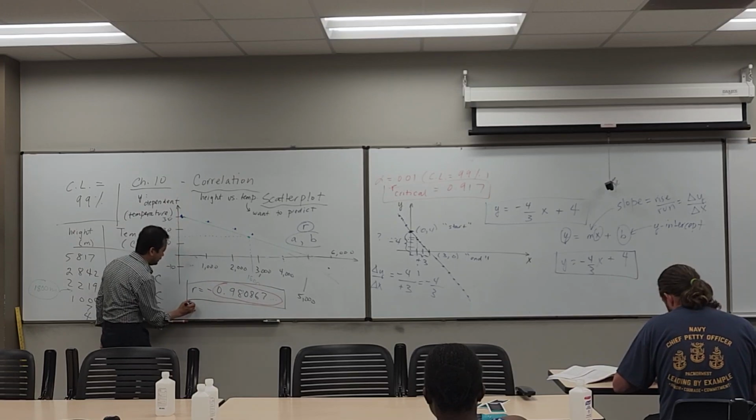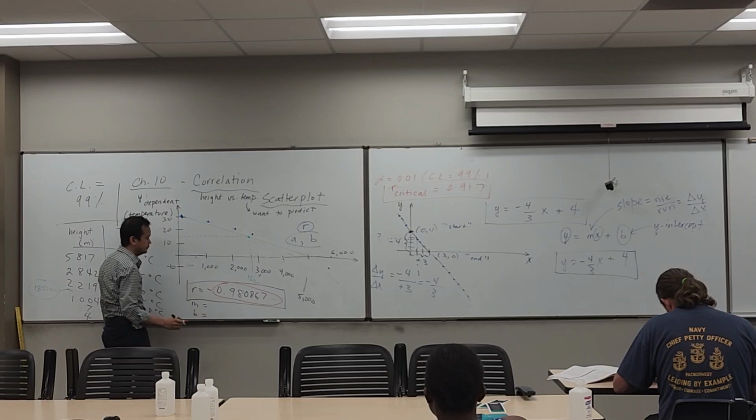So I'm going to label these as M and B. What are you guys getting as your slope?